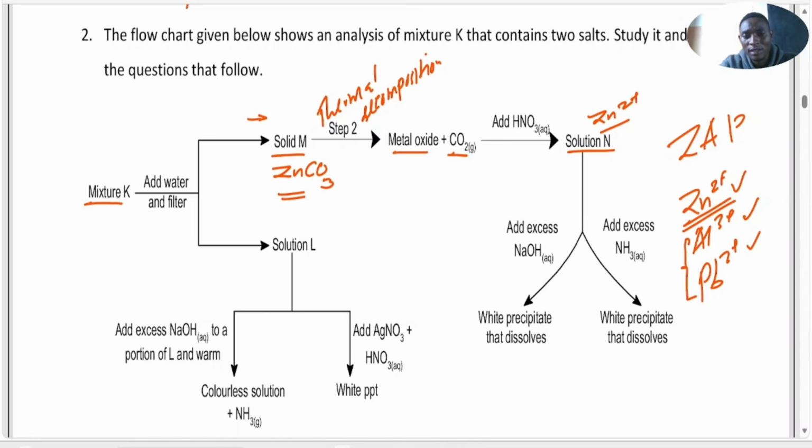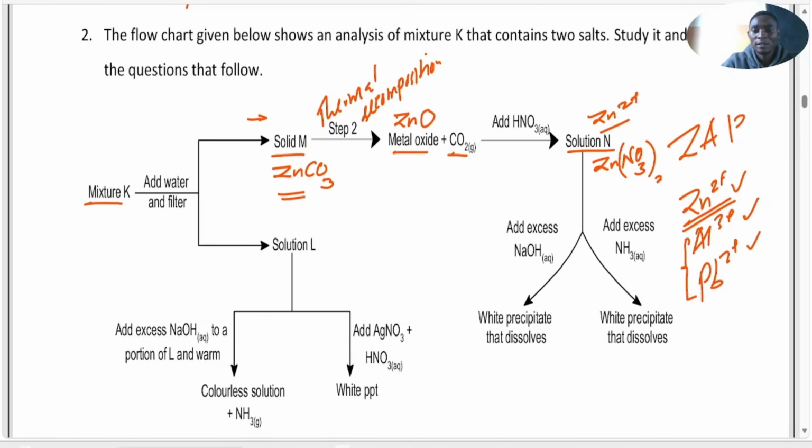And if it was zinc carbonate, automatically N becomes zinc nitrate. Metal oxide becomes zinc oxide. Learners, I think you can note how simple and easy it is to simplify this given flow chart.